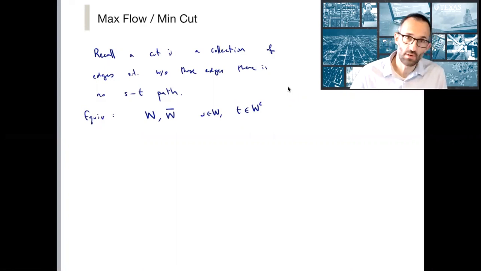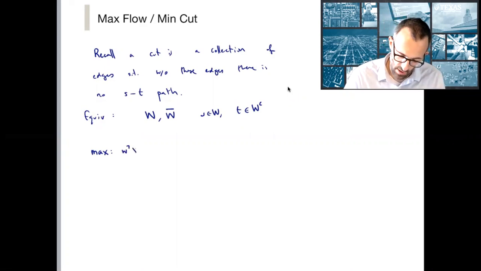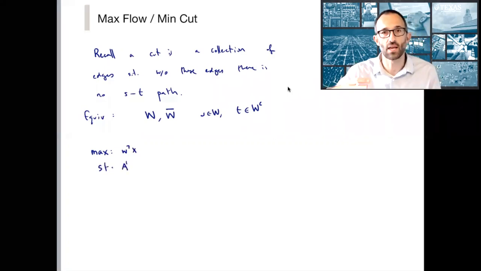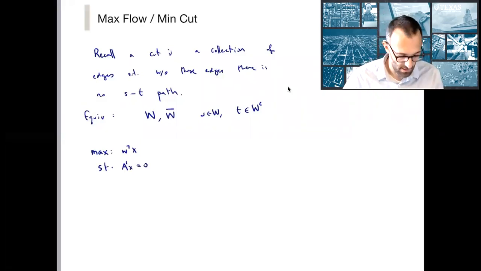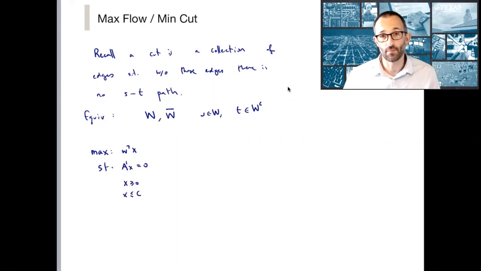Okay, so now duality gave us the following relationship. If I'm formulating my max flow problem, let me just use a small vector w to denote the objective for max flow. So max of w transpose x subject to, I'm going to write A' as the subset of my flow matrix A where I don't have edges S and T, A'x equals 0, the flow conservation, x has to be non-negative, and x has to obey my capacity constraints.